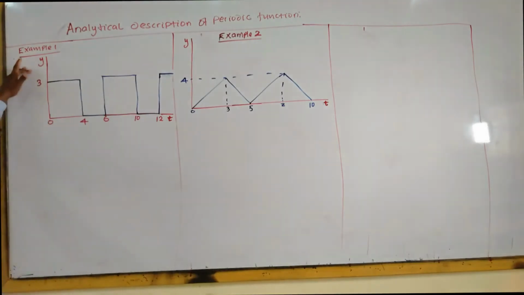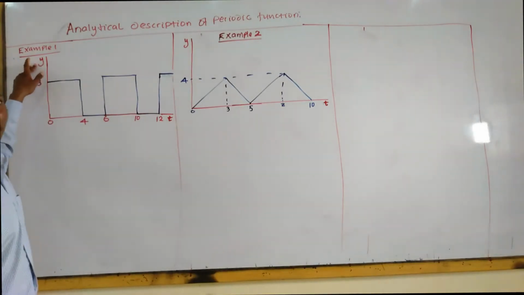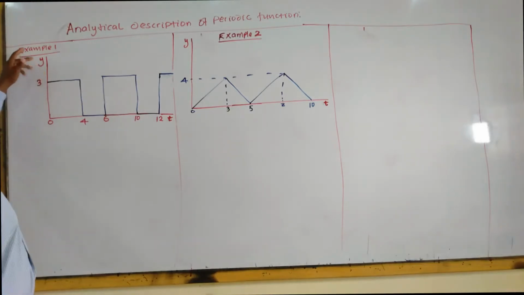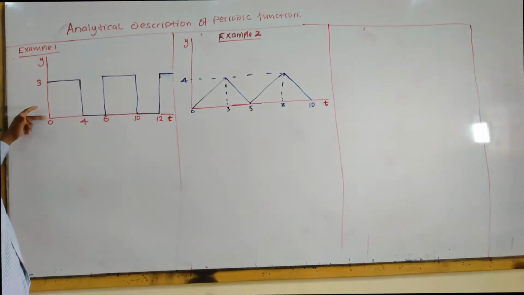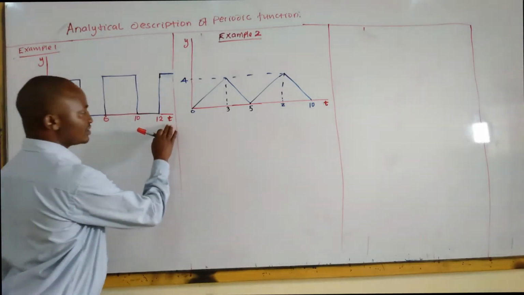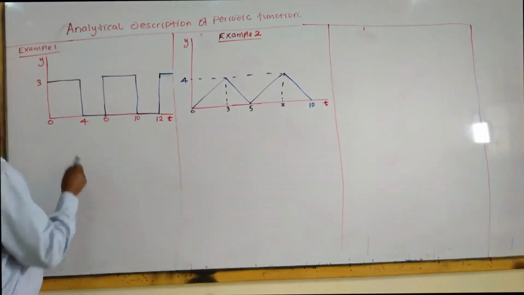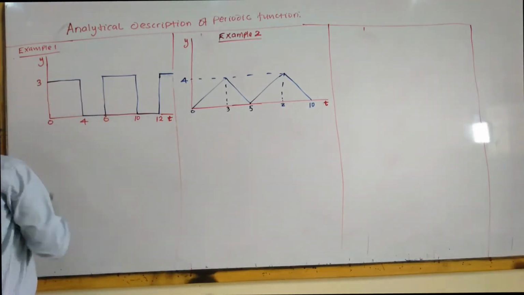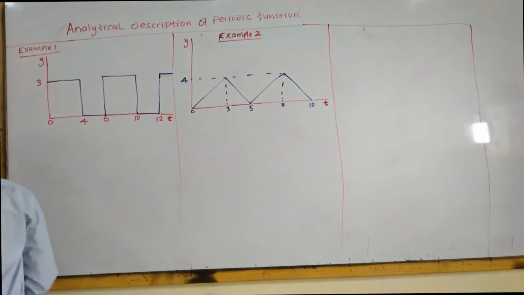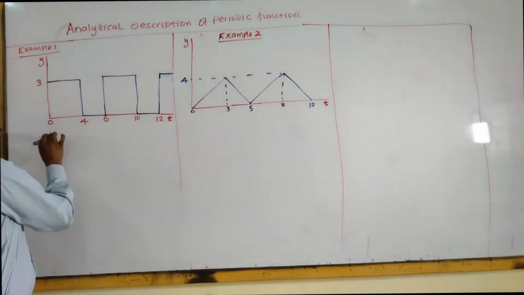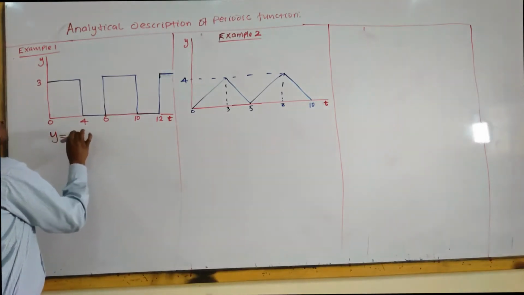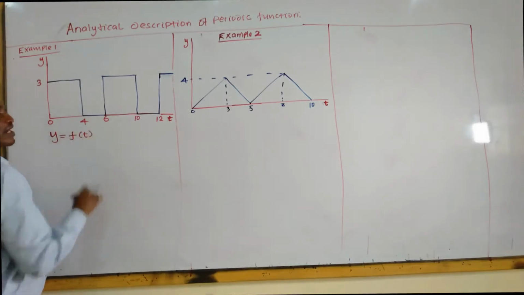In our first example, we have a function of y is equal to t. That is, the dependent variable is y and the independent variable is t. So we have y is a function of t, or y is a function of time.